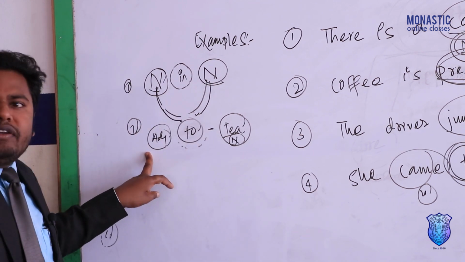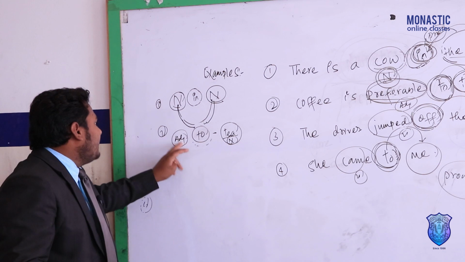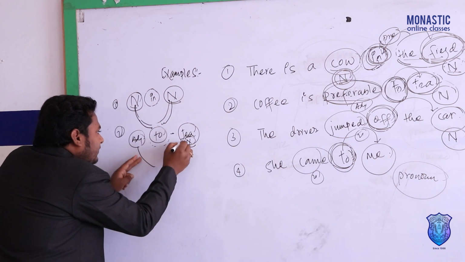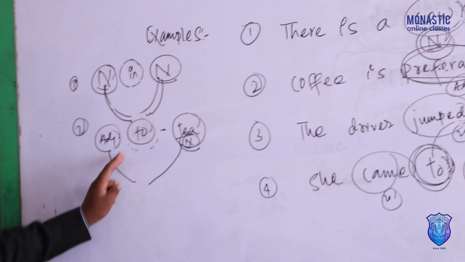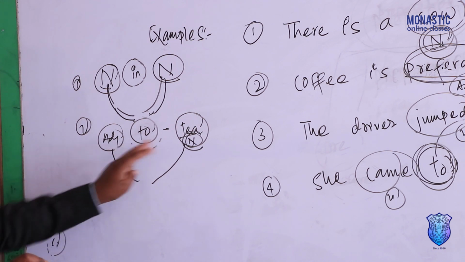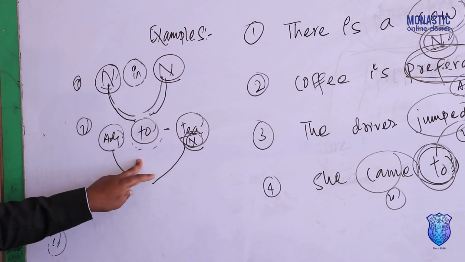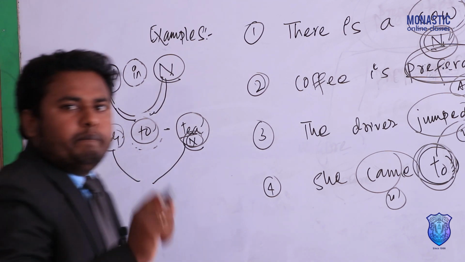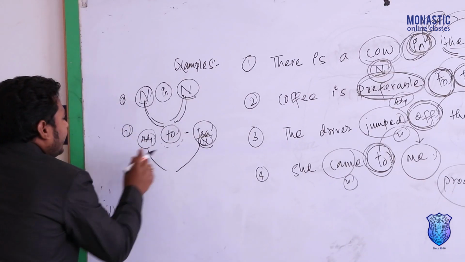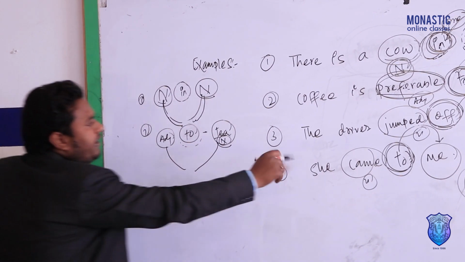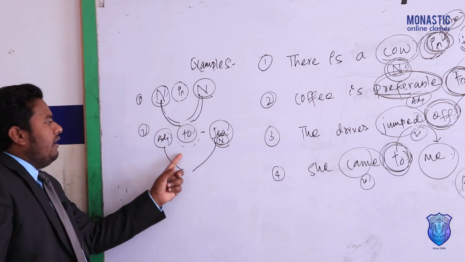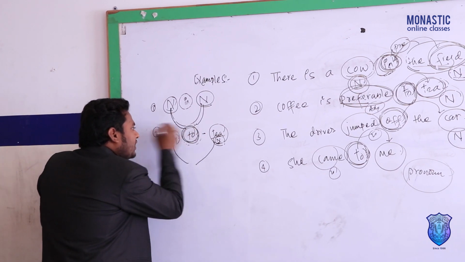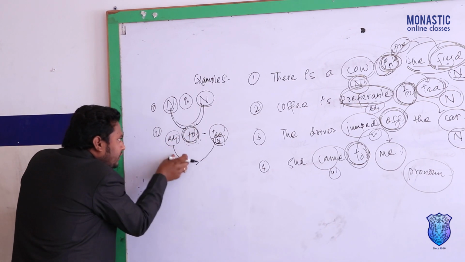In the second sentence, to is the preposition which shows the relation between the attribute expressed by the adjective, that is preferable, and the noun, that is tea. So here to relates two words.